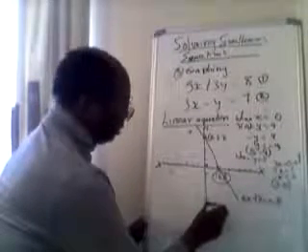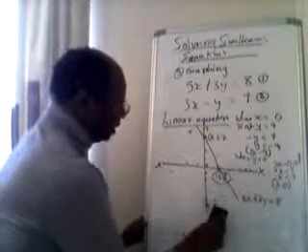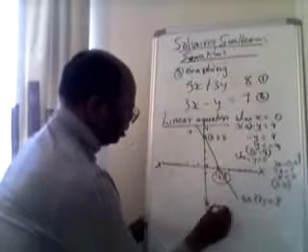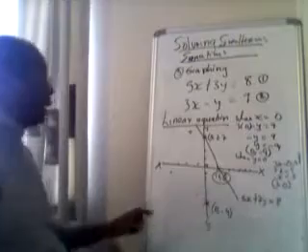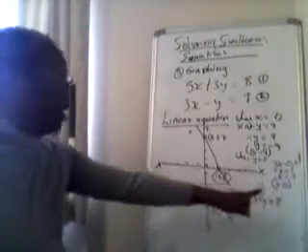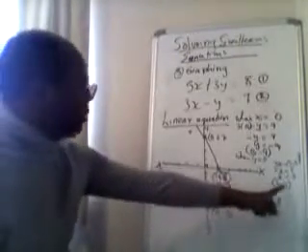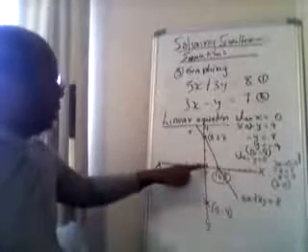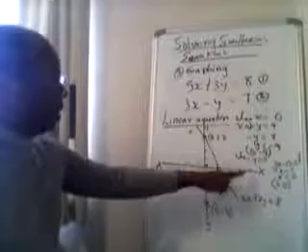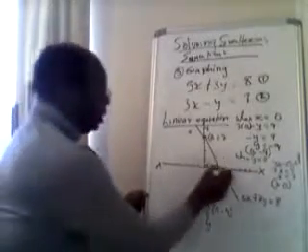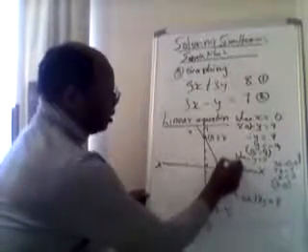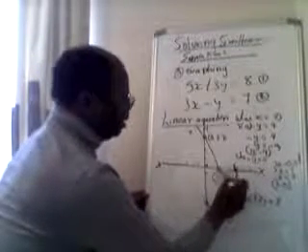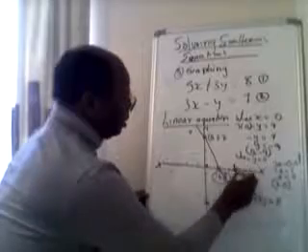This is 0, minus 9. And then when y is 0, x is 3. So somewhere here. So this here is 3, 0.